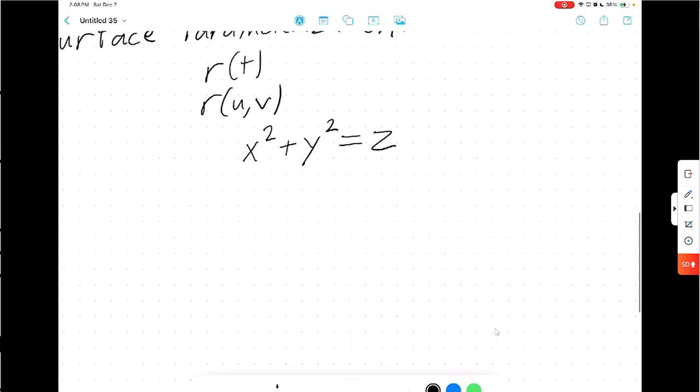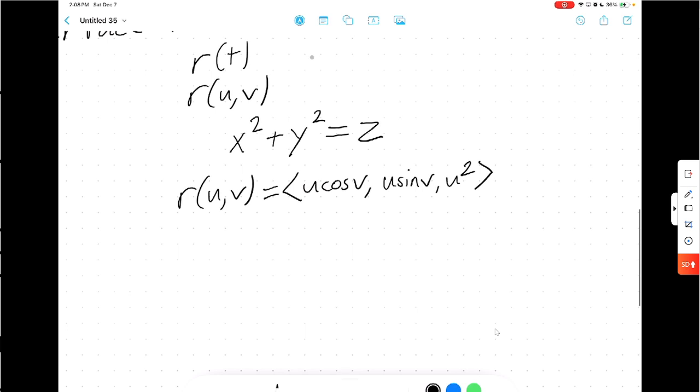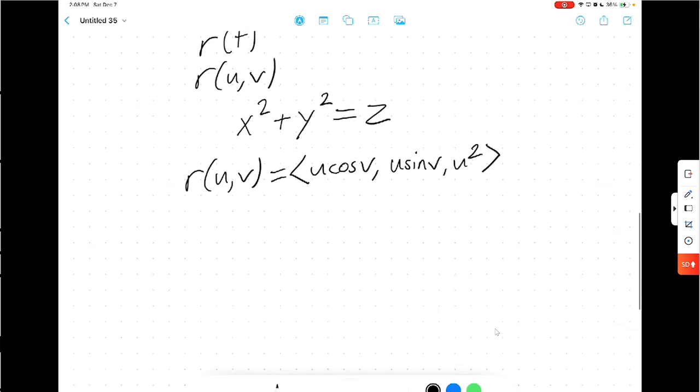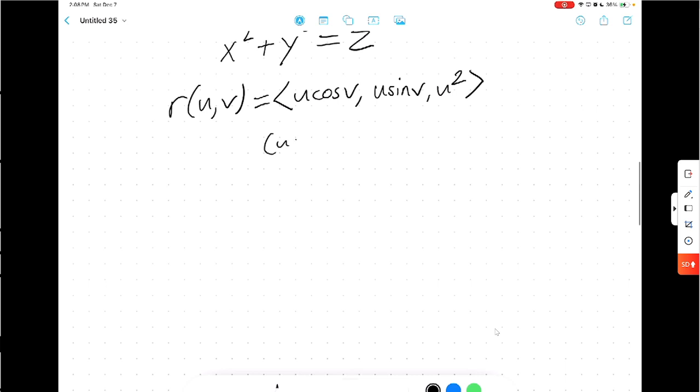And because I want two variables, I could do something like r of u,v is equal to u cosine v, u sine v, and u squared, which essentially is supposed to satisfy the original equation that defines our surface. I can show you that this one will actually satisfy this one right here.